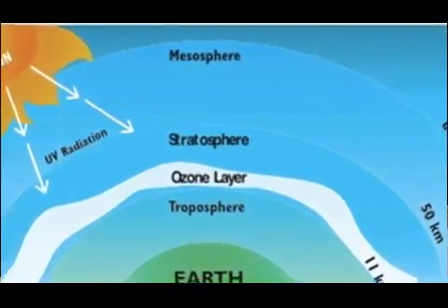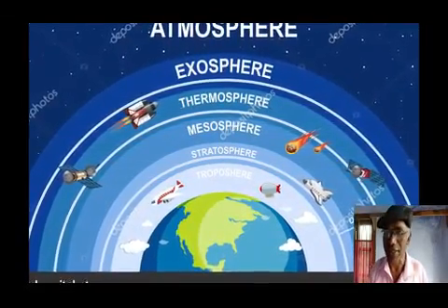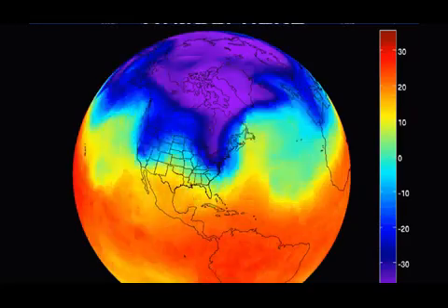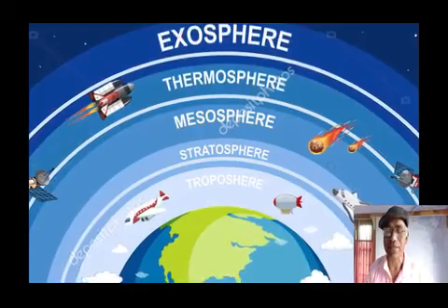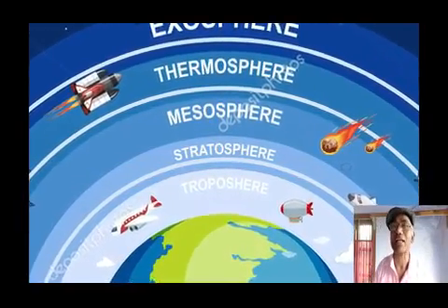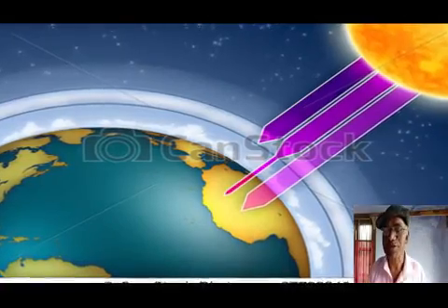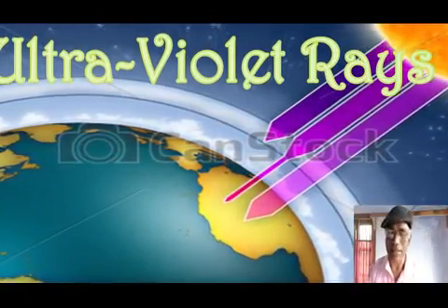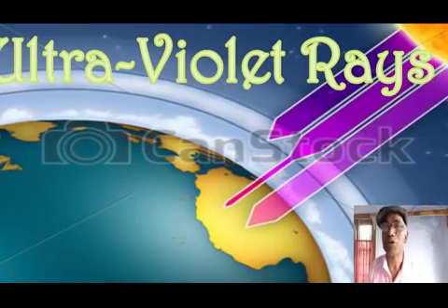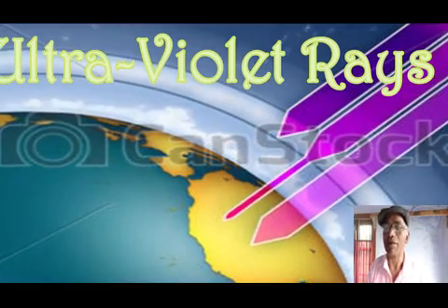Ozone layer is part of stratosphere, which works as a shield and umbrella, protecting from the harmful ultraviolet rays radiated from the sun. These UV rays would cause cancer in humans, animals, as well as in plants. So ozone layer is our natural protector of the living beings of the earth.